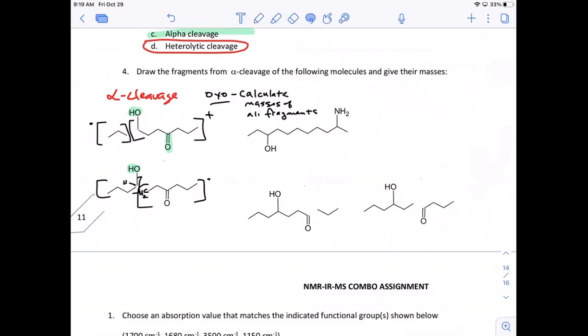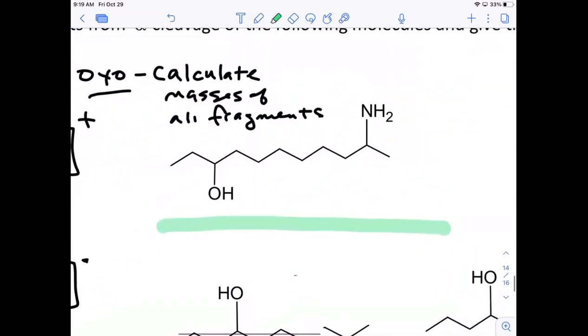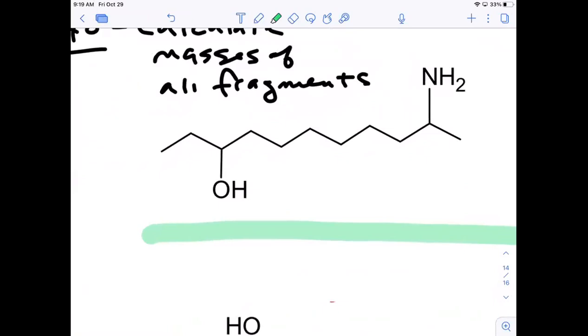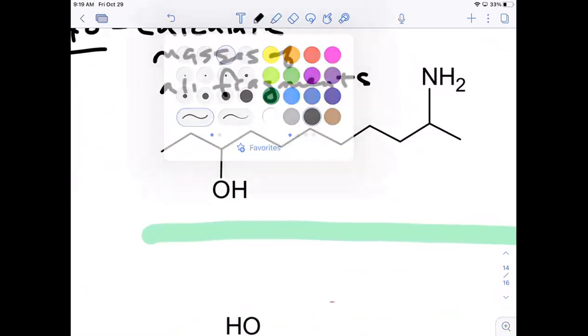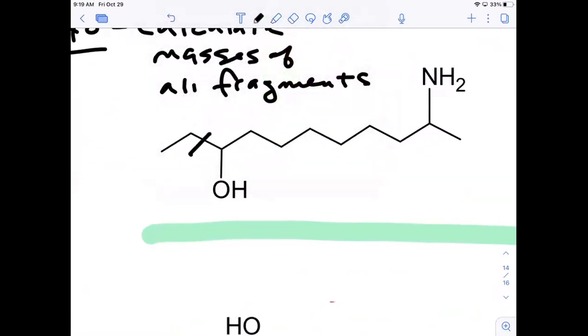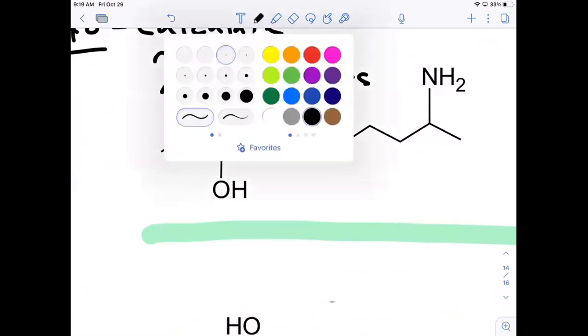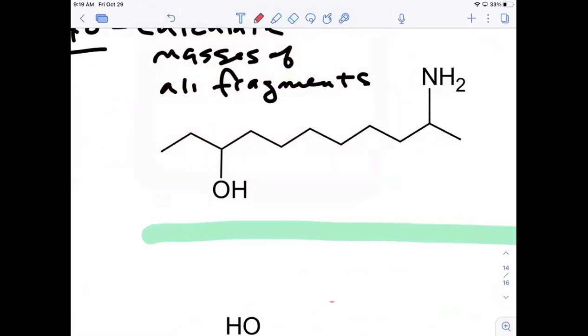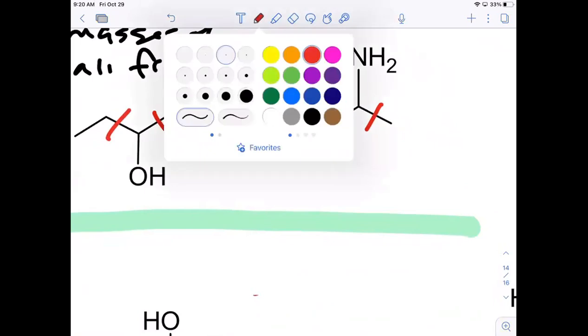Where are your cleavage sites going to be here? You can cleave on the end of the OH group, the inside of it, and then on the other side as well. It'll be the same thing for the amine. All right, so this one I'm going to leave.